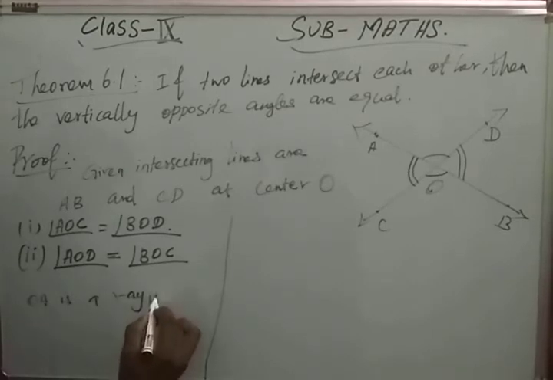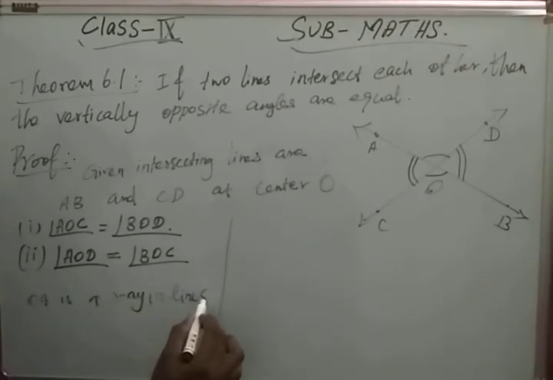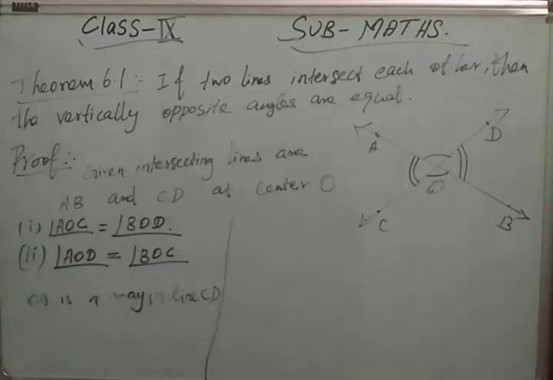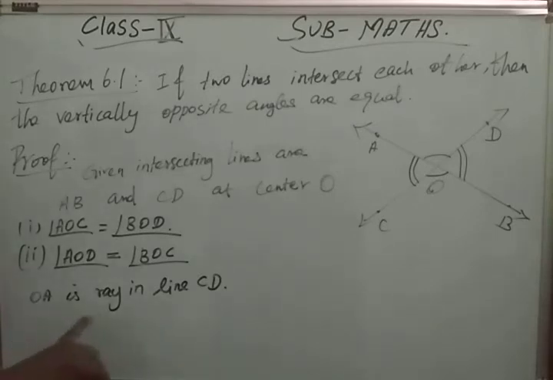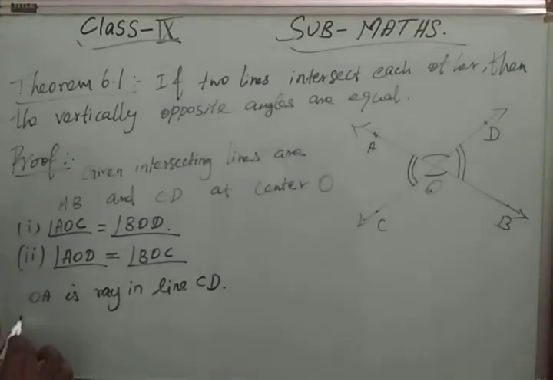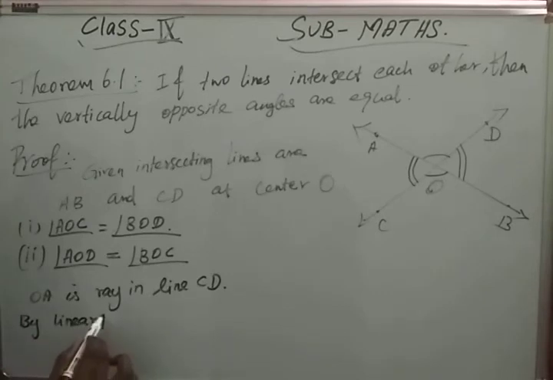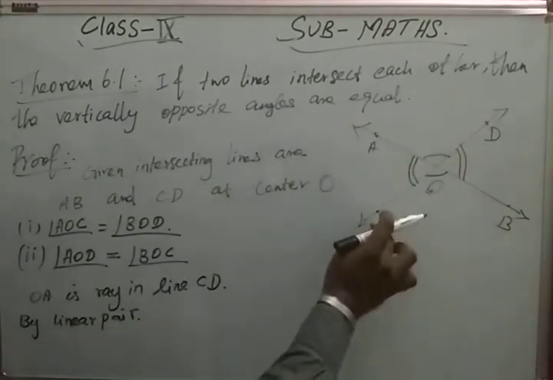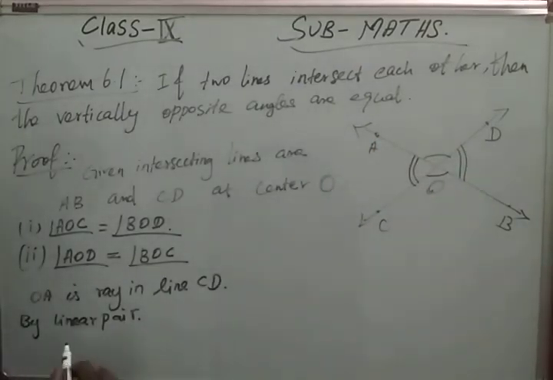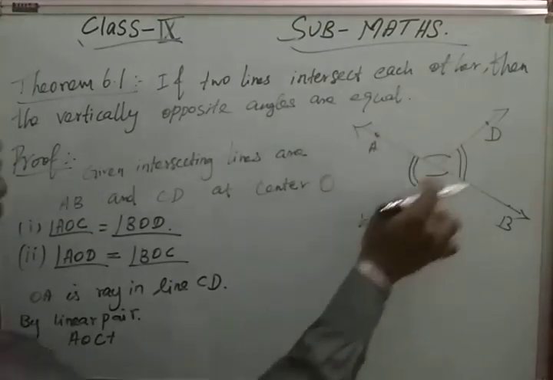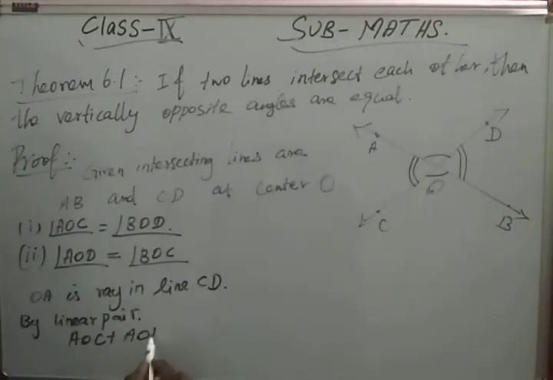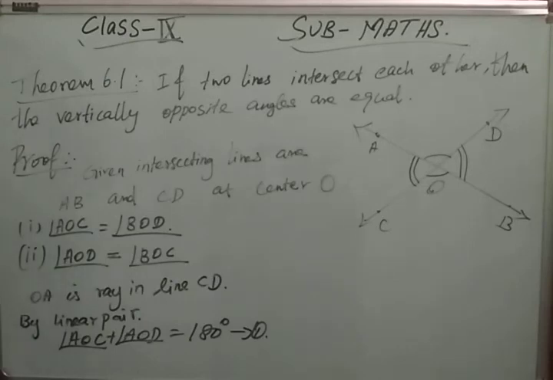So by linear pair, since OA is a ray in line CD, we can take angle AOC plus angle AOD is equal to 180 degrees, equation number 1, right? Same like that, we can write similarly.